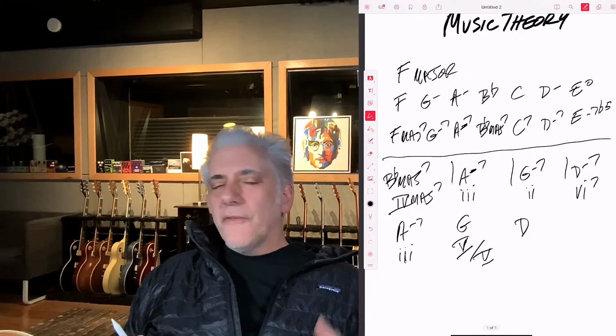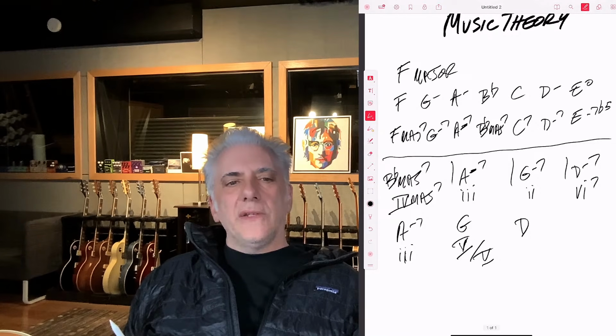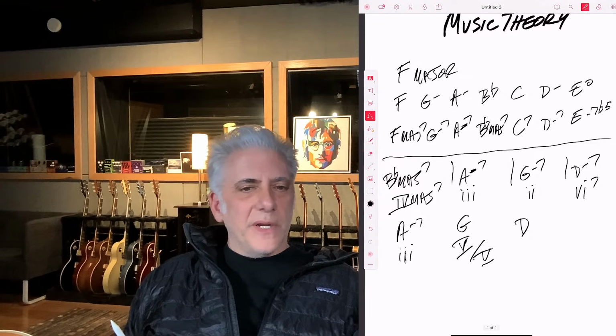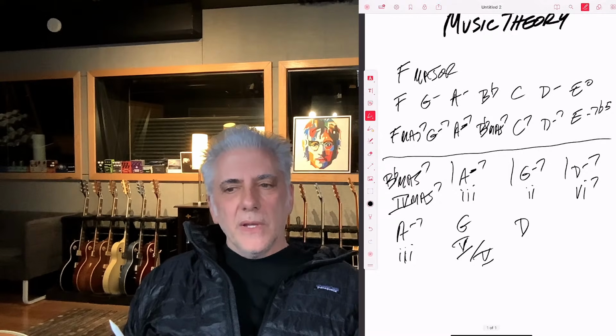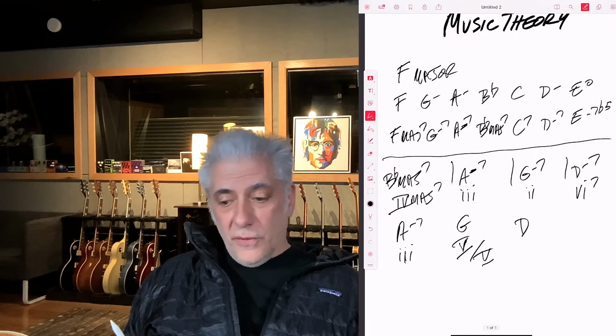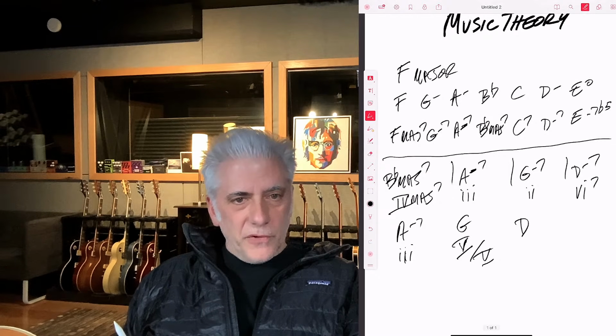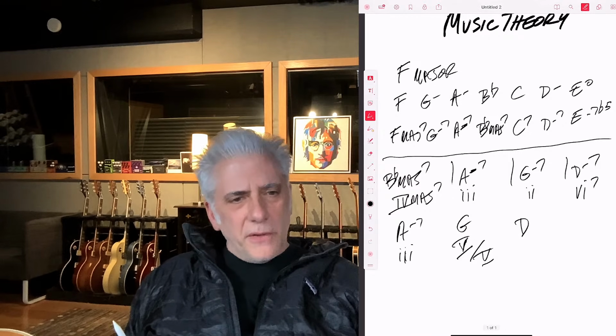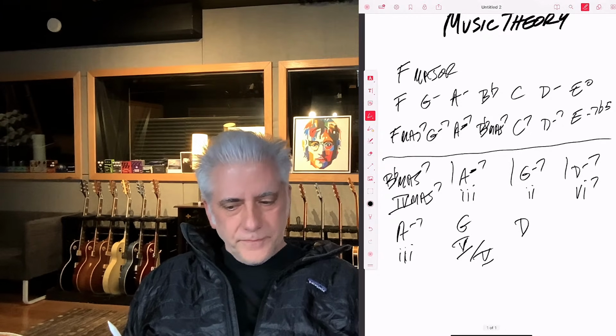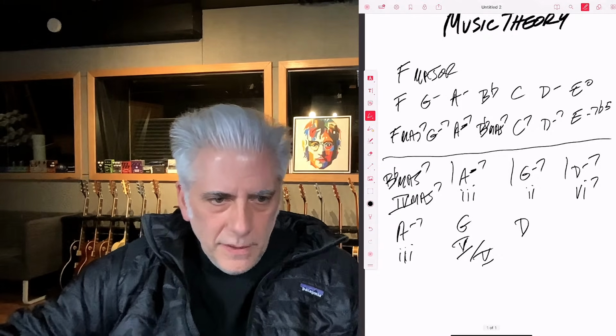So any professional player will know that if you want to play this in a different key, then you can use these basic principles. This is where the Nashville number system comes in handy, or knowing these Roman numerals comes in really handy.